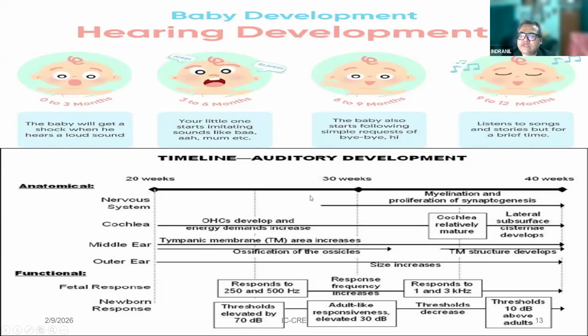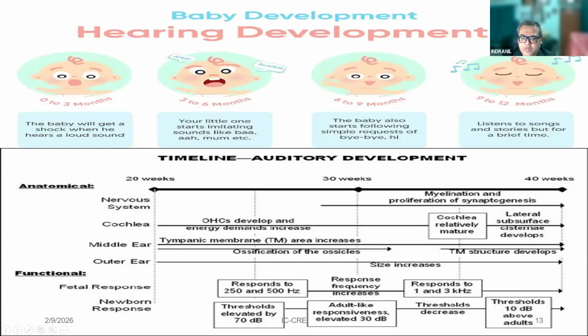So what is the timeline if you see the auditory development? Anatomically, within the 30 weeks or within the 40 weeks, everything will be developed. And within the 30 weeks, you see mostly the middle ear, outer ear, cochlea, and other nervous systems are mostly developed. A fetus can respond to at least 250 or 500 hertz frequency, and after 30 weeks they can also respond at 1 and 3 kilohertz.